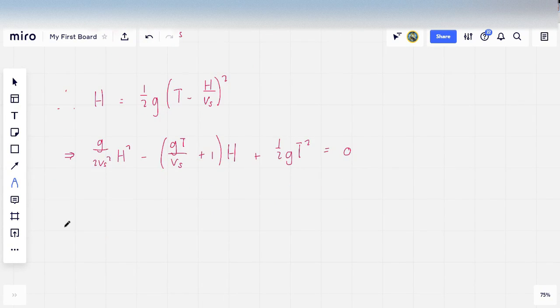And so since we have the values for g, Vs, and T, we can put them in and get a quadratic equation for h, which turns out to be 4.239 times 10 to the minus 5 h squared minus 1.098 h plus 56.64, and this is equal to 0.